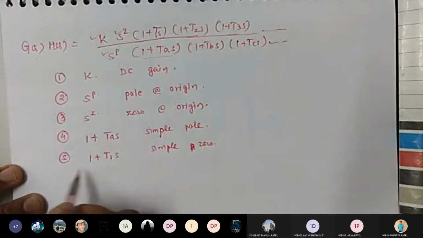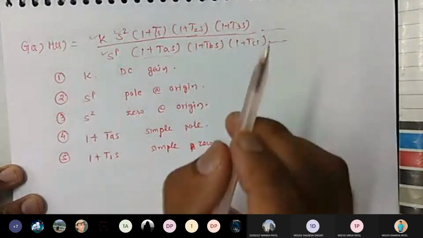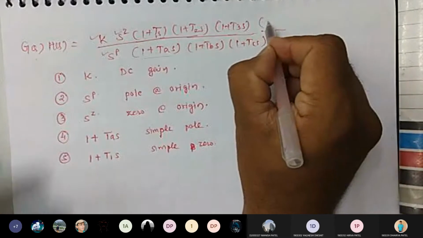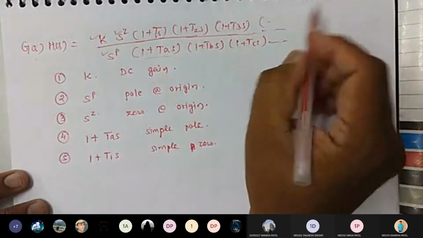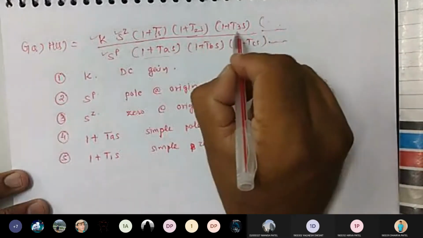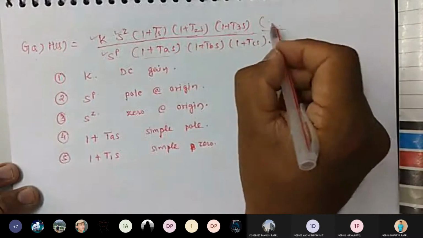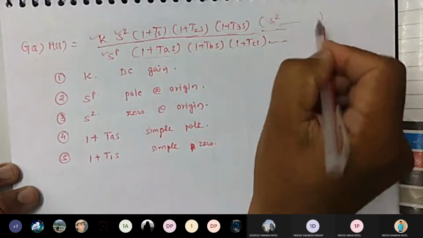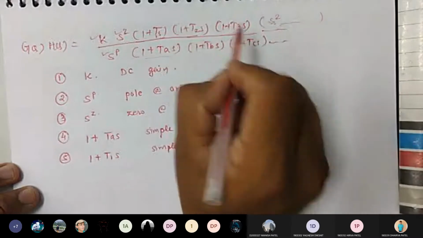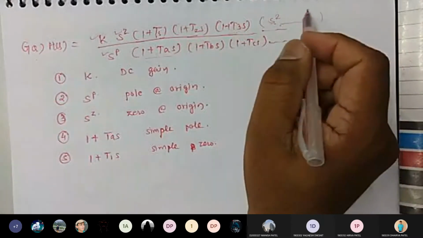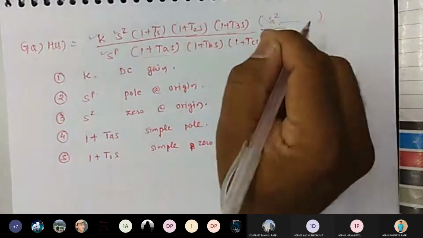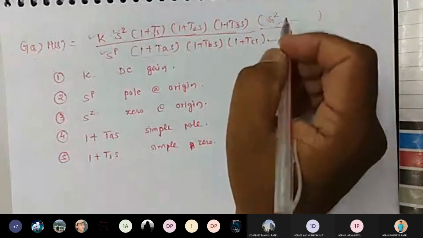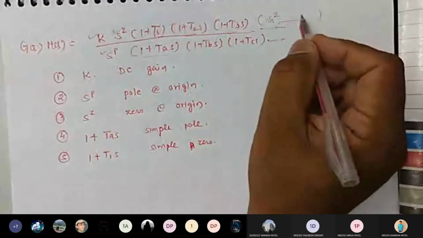Done. Now after simple roots, it might happen that you will have some terms which are quadratic in nature, a square term, that is, an x square term. Such terms will not have simple roots; they will have quadratic roots, that is, minus b plus or minus under root delta upon 2a.